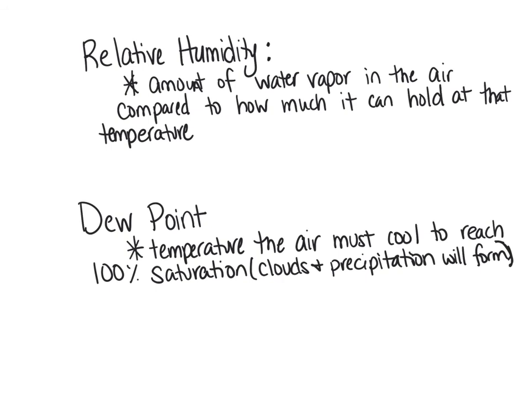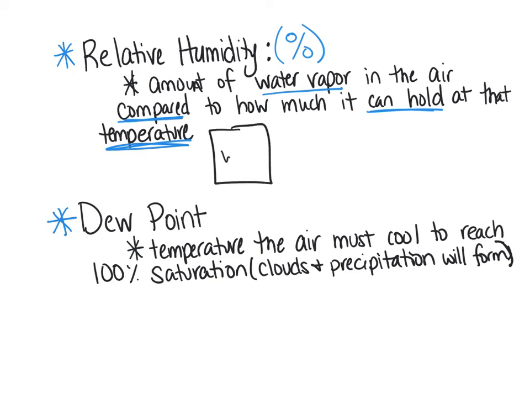Finally, we should know the definition of relative humidity and dew point. Relative humidity is the amount of water vapor in the air compared to how much it can hold at that particular temperature. We want to remember that warm air can hold more moisture in it than cold air, so that when the air rises and it cools, it then must condense because that cold air cannot hold as much moisture.